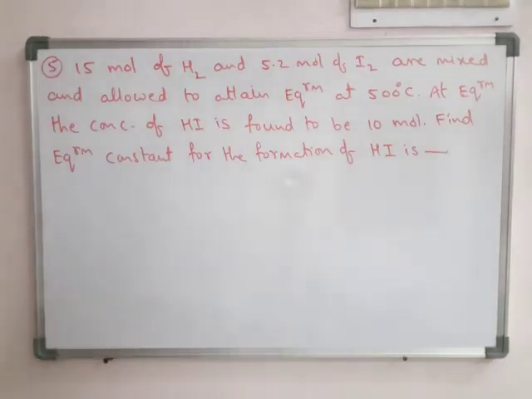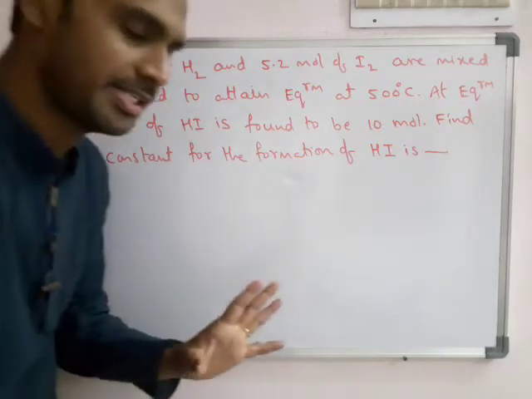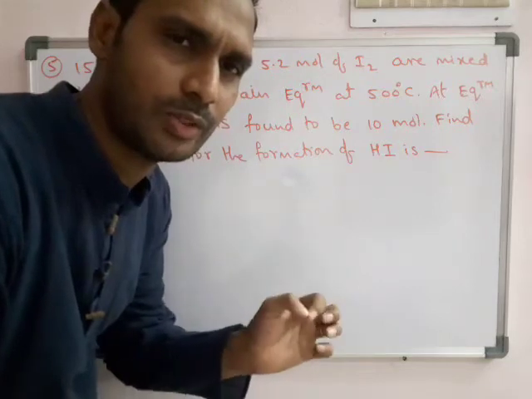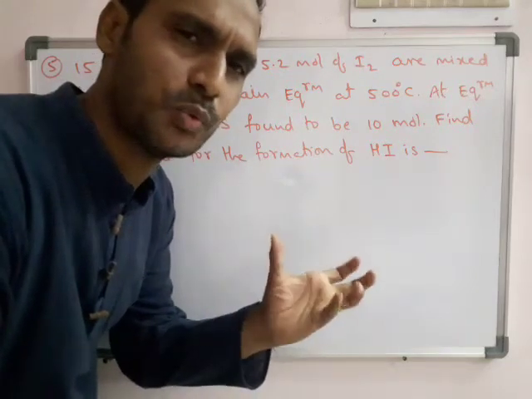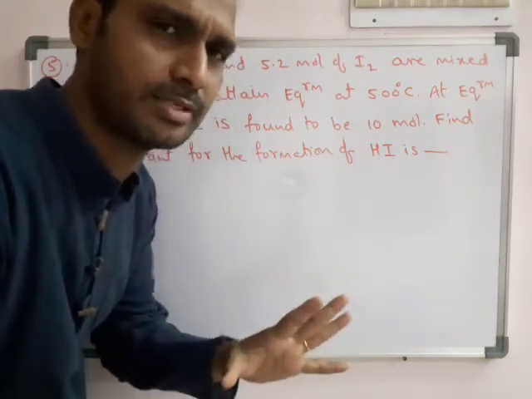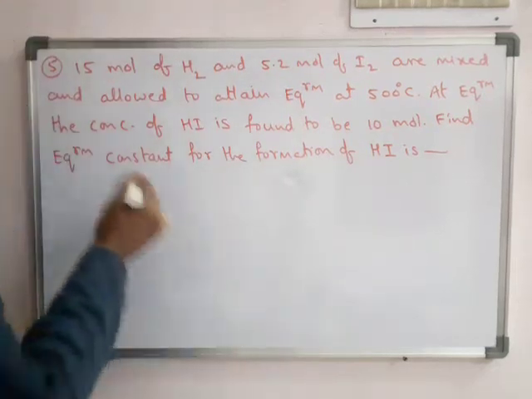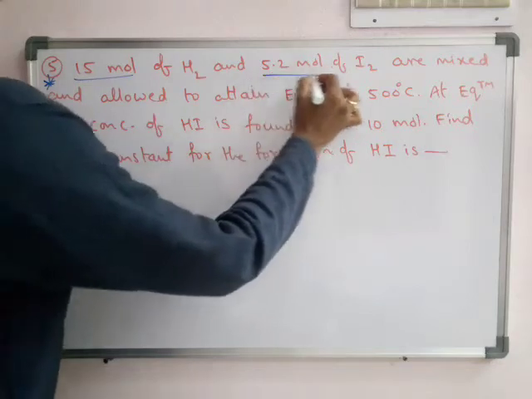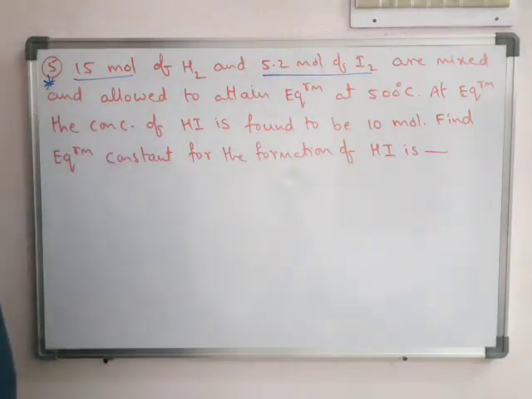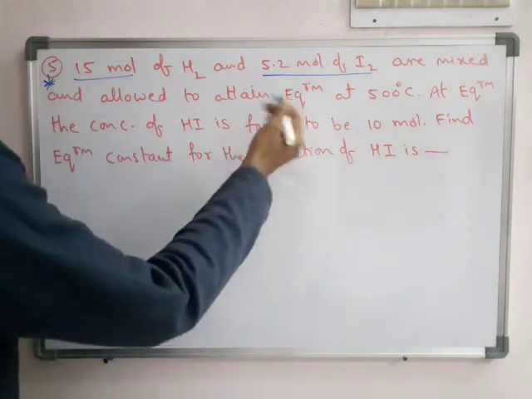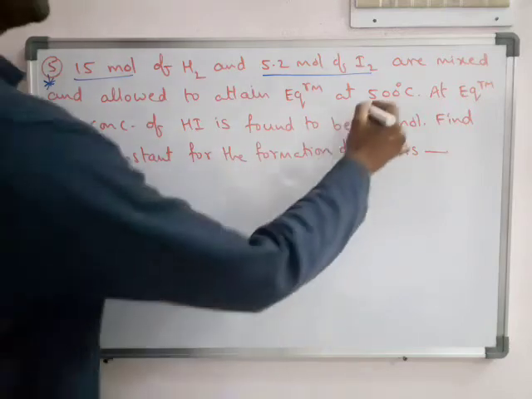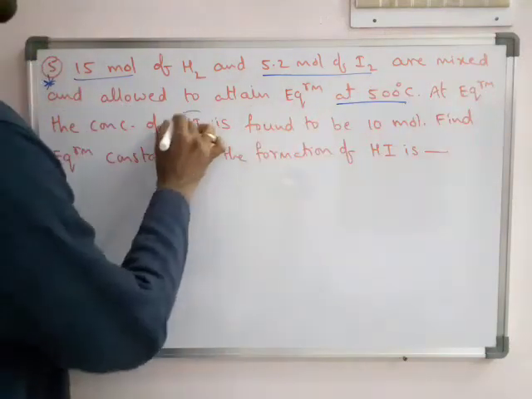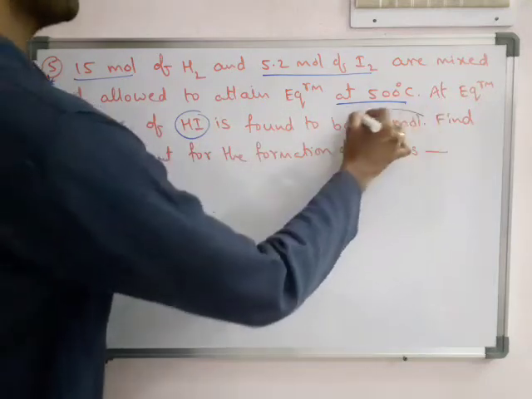See one more problem. Actually it is a totally different problem from what we did in all classes. It is only one totally different model compared to the other examples. Here 15 moles of H2 and 5.2 moles of iodine are mixed and allowed to reach equilibrium at 500 degrees Celsius. At equilibrium the concentration of HI is found to be 10 moles.